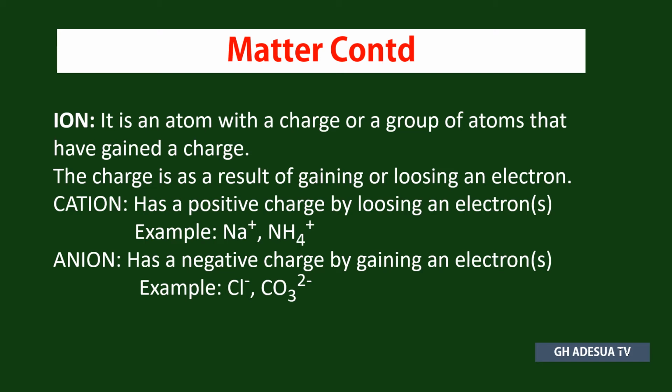So if you add 2 more electrons, you have added 2 more negative charges, making the anion 2 negative. So that's how cations and anions are formed. In brief, cations are positively charged because they lose electrons, and anions are negatively charged because they gain electrons. That will give you a cation and an anion.